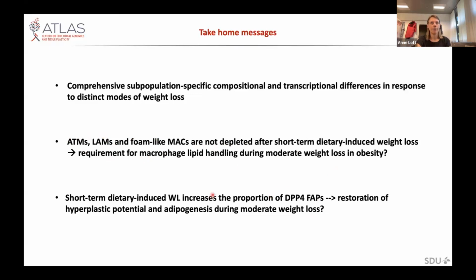And then I also showed that in this Fab compartment, the fraction of these DPP4 Fabs is increased already in response to the moderate weight loss, which likely indicates that the adipose tissue already at that point is restoring its hyperplastic potential and its ability to undergo adipogenesis.